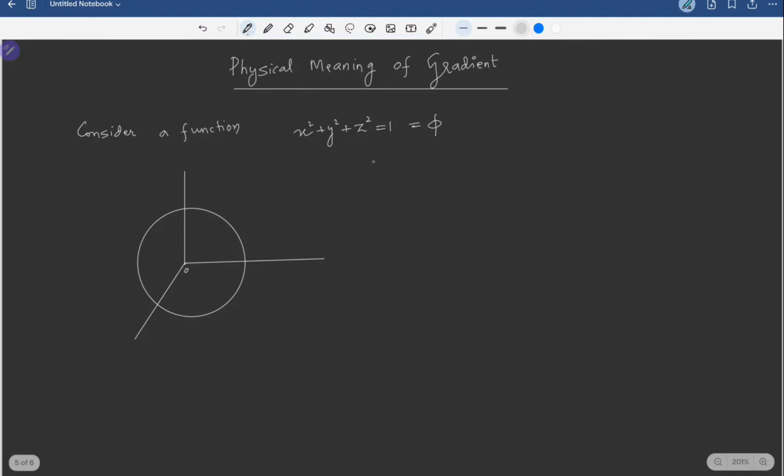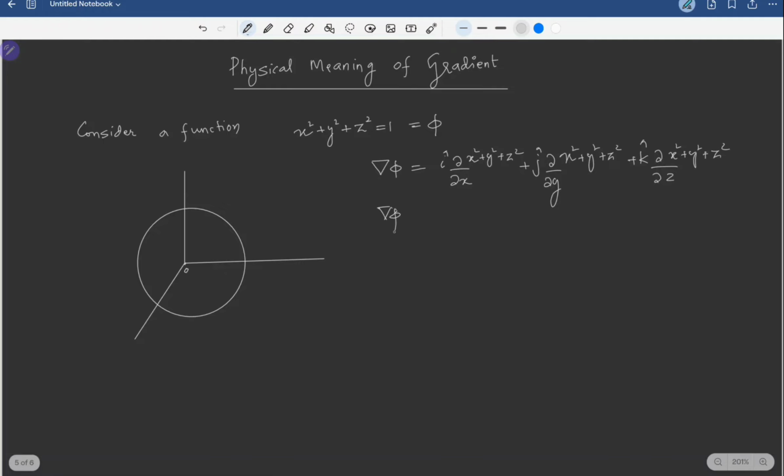Now let's find the gradient of phi. It becomes i cap into del by del x of x squared plus y squared plus z squared, plus j cap into del by del y of x squared plus y squared plus z squared, plus k cap into del by del z of x squared plus y squared plus z squared.